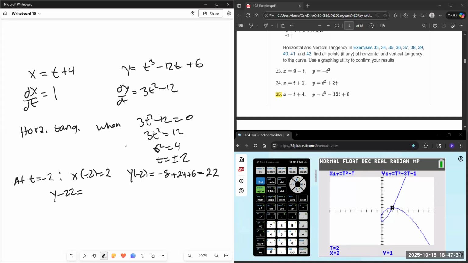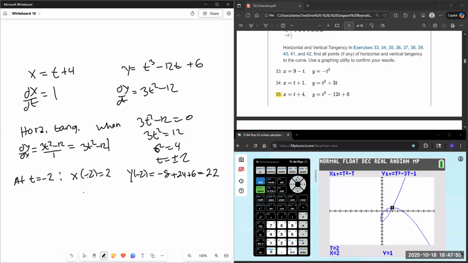I didn't find what that was yet. dy/dx is 3t squared minus 12 over 1, which is 3t squared minus 12.